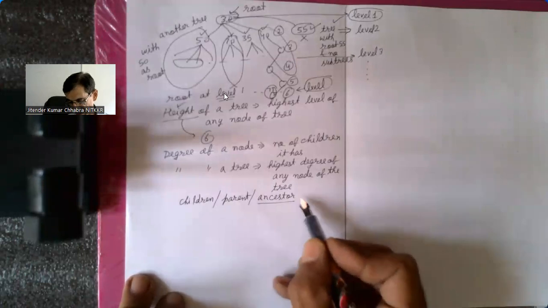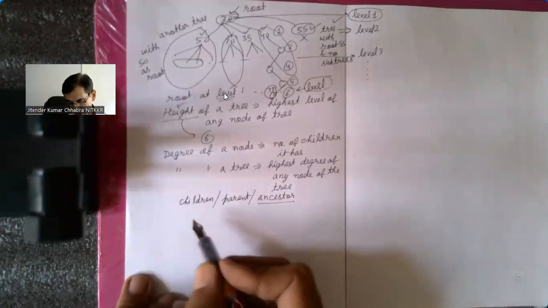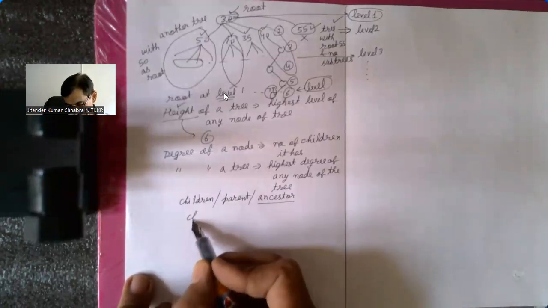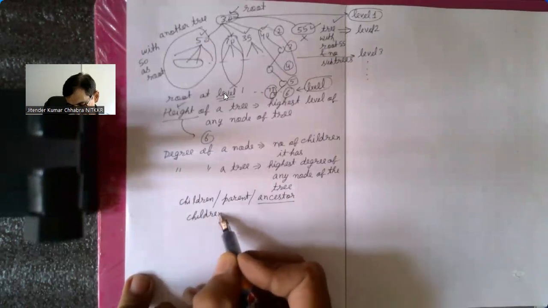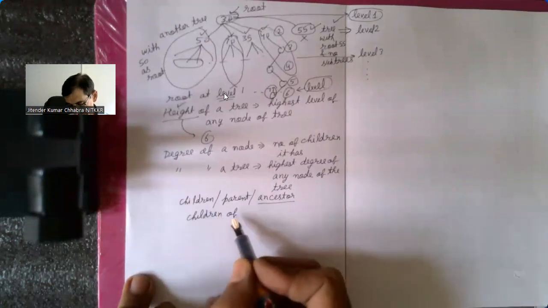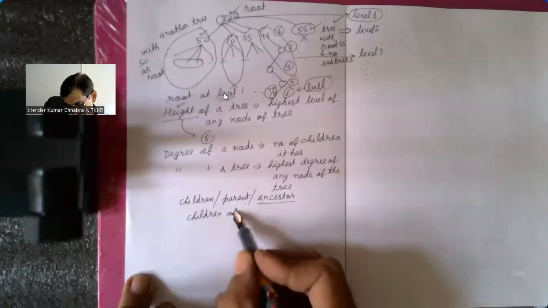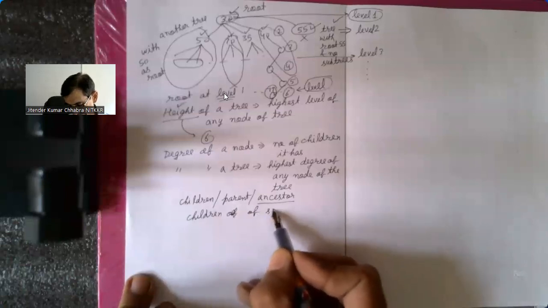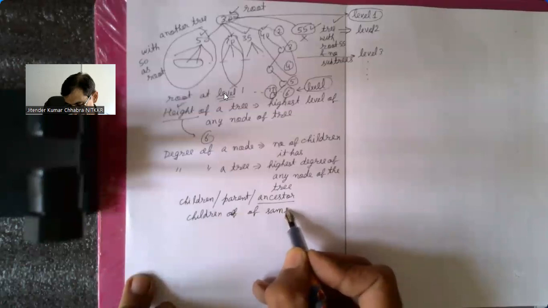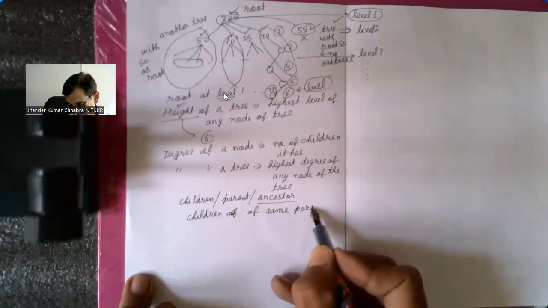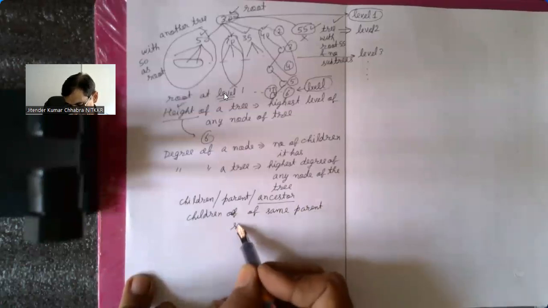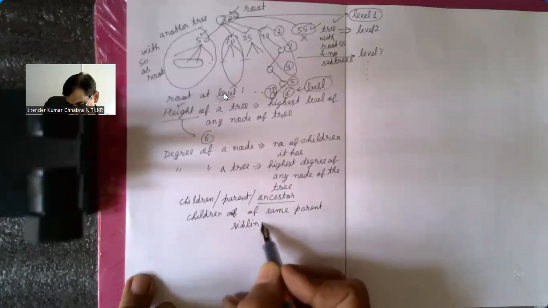So ancestors, etc., always happen. Then similarly, children of the same parent are called siblings, like brothers and sisters. All these words are the same as from the family tree.